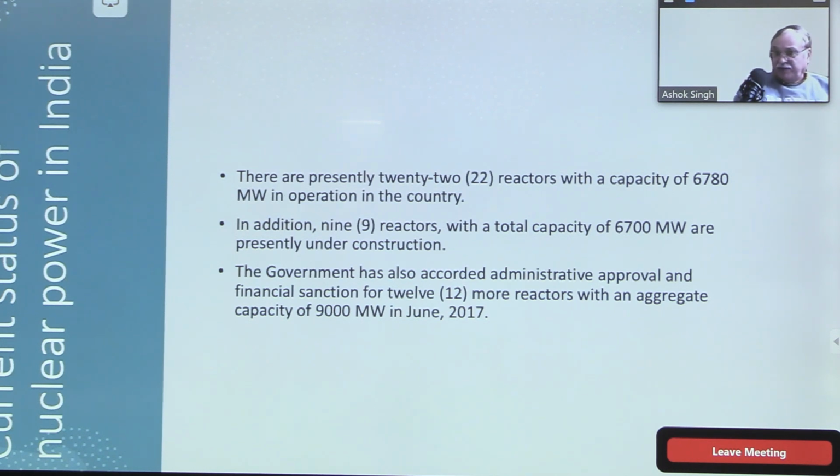And what does NPCIL run? Uranium-based plants. Plutonium-based plants would not come under IAEA safeguards.